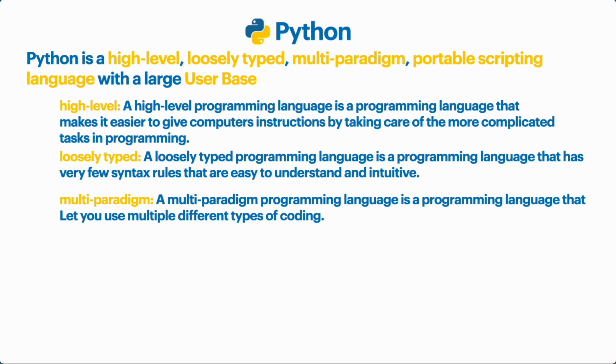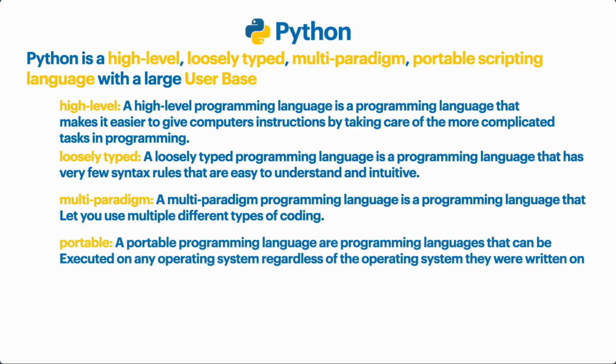All right. Now, the next thing we're going to take a look at is portable. So what's a portable programming language? Well, some programming languages are created in a way that if you write your code on a Windows system, you can only run that code on another Windows system.